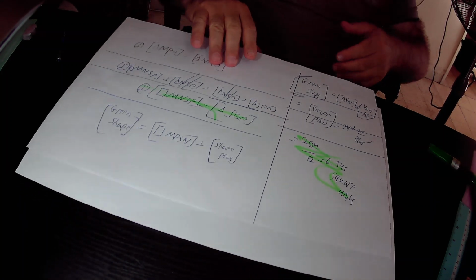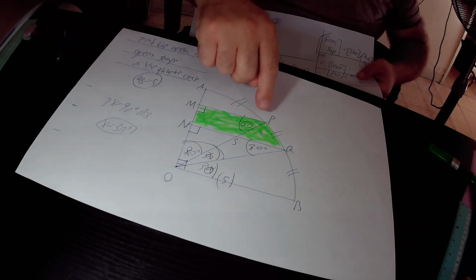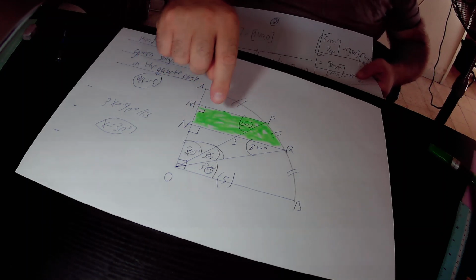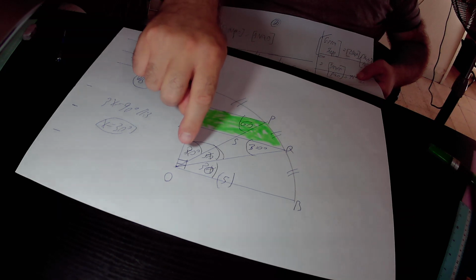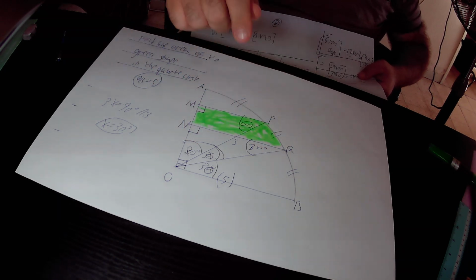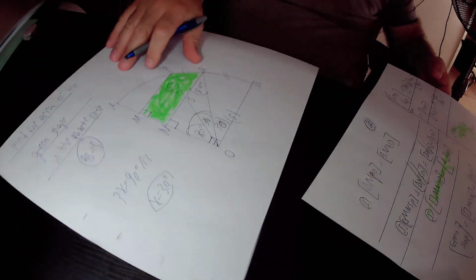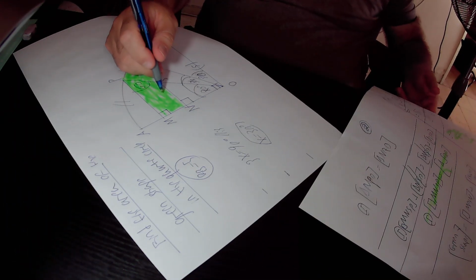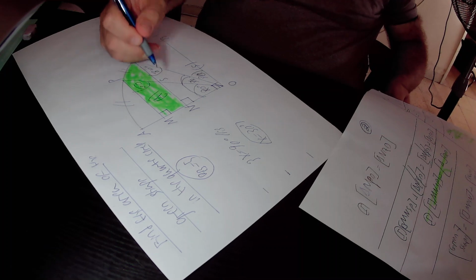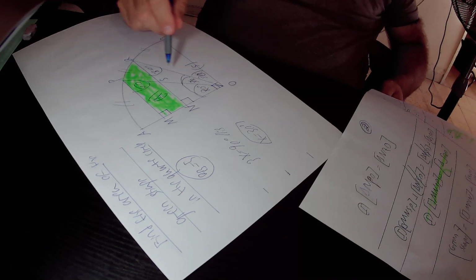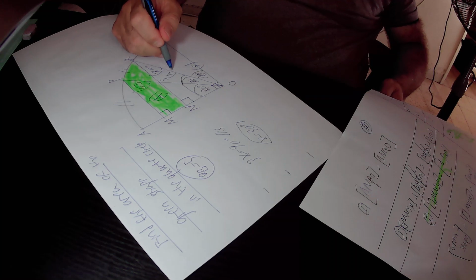So we found out that the area of this quadrilateral MNSP is equal to the area of this right triangle OSQ. If we define the area of the quadrilateral as A, then the area of triangle OSQ must also be equal to A, because they have the same areas.